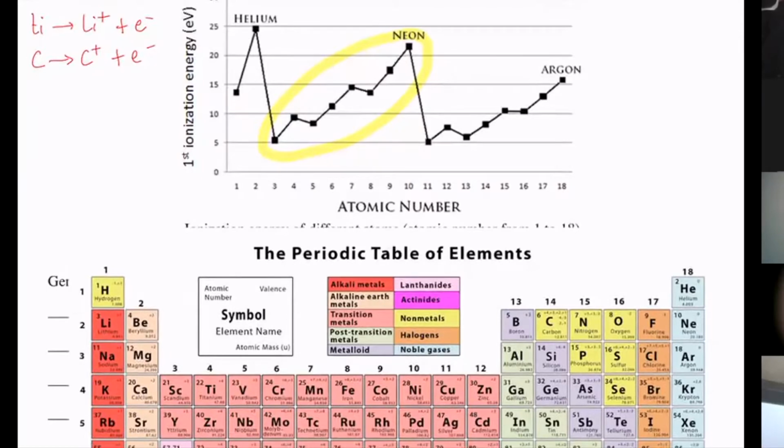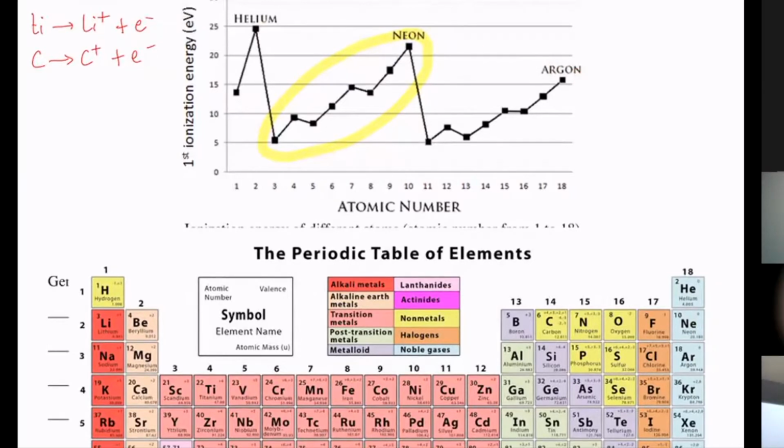First of all, what is the trend for the first ionization energy down the group? We could take a look at the noble gases: the first one, helium, second one, neon, third one, argon. What is the trend here?